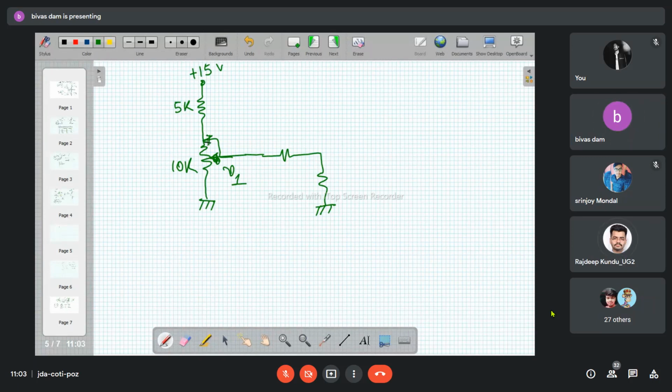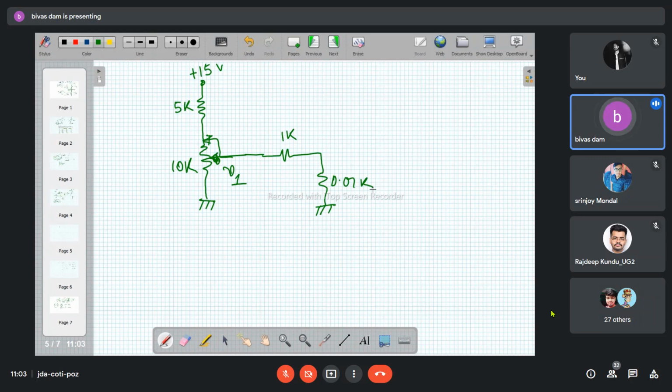Fine. Now I am going for the modified resistance values. I think this is something like that. 10 ohm is 0.01k, I said correctly? Yes.